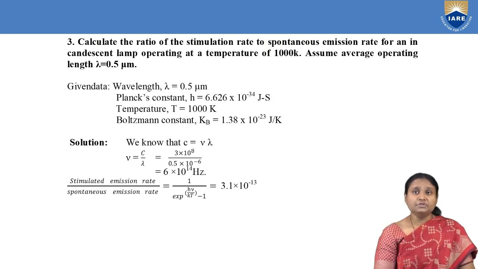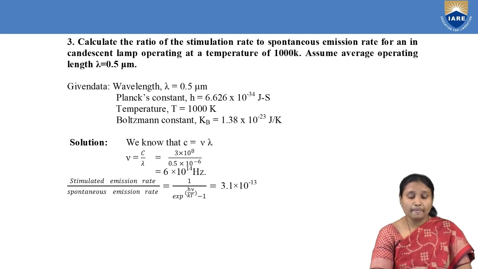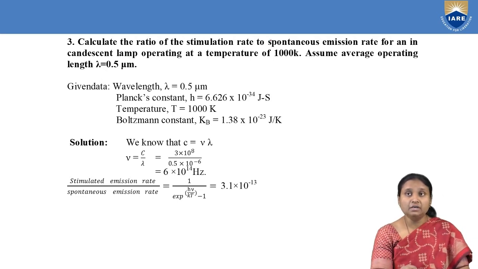Now, next up, coming to this problem. Here, we were asked to find the ratio of the stimulated emission rate to the spontaneous emission rate for an incandescent lamp which is operating at a temperature of 1000 Kelvin, and we have to assume that the operating wavelength is 0.5 micrometer.